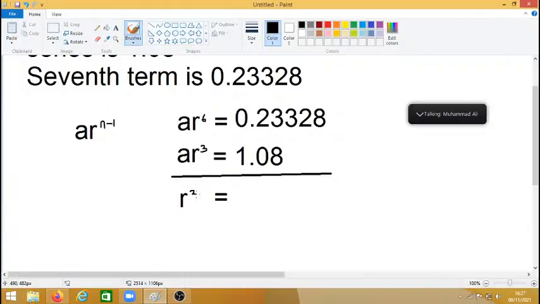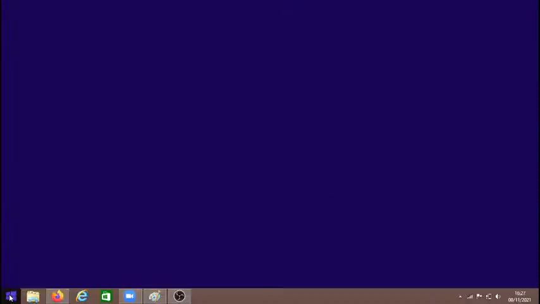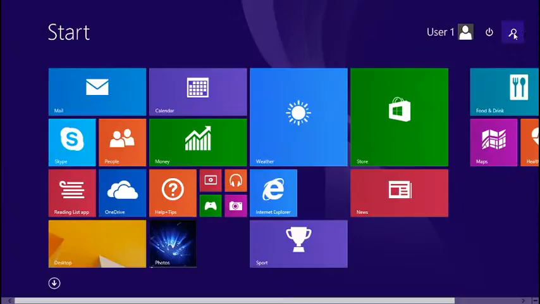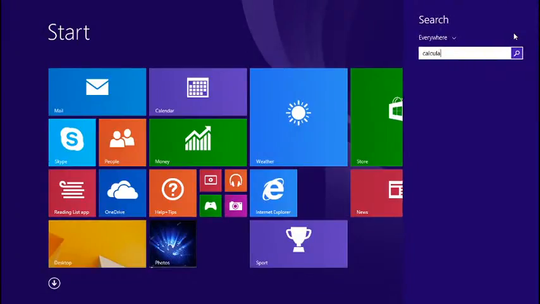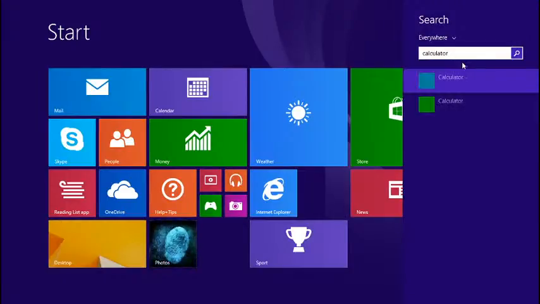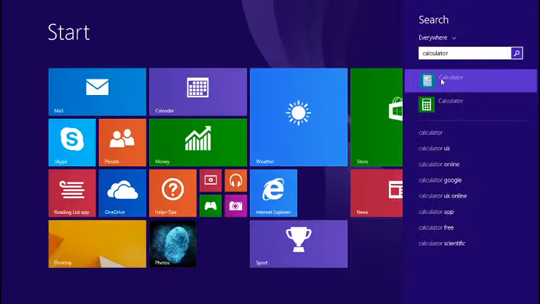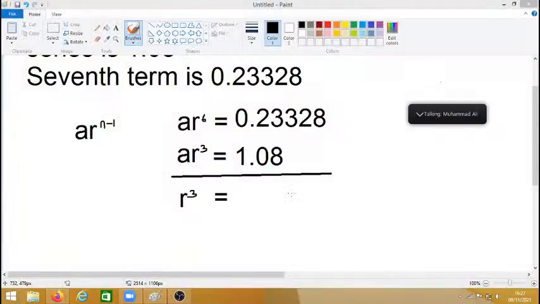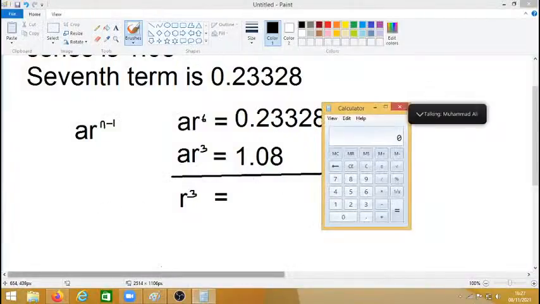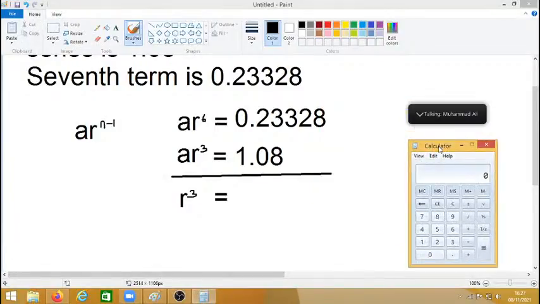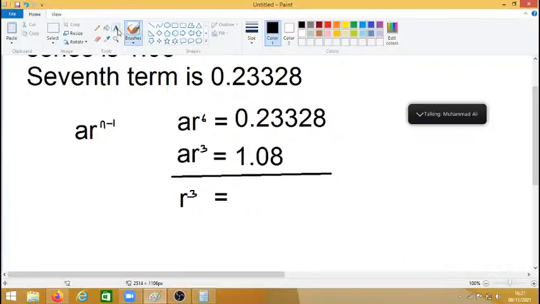And then using a calculator, I just need to divide 0.23328 by 1.08. So if you can do that as well, just to make sure that you know how to do this: 0.23328 divided by 1.08 gives me 0.216.